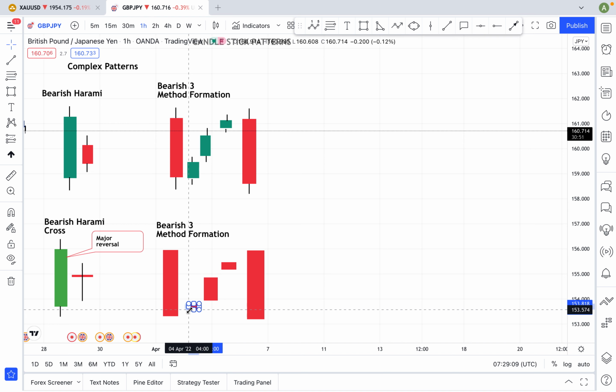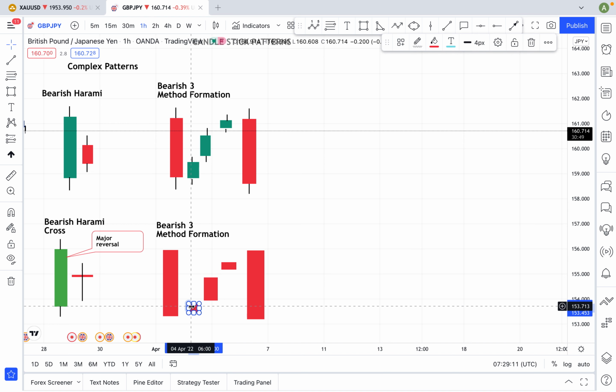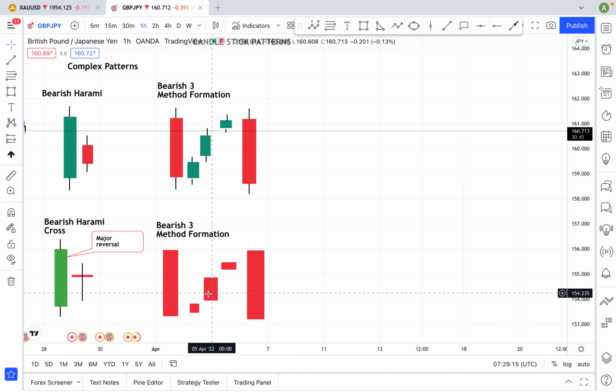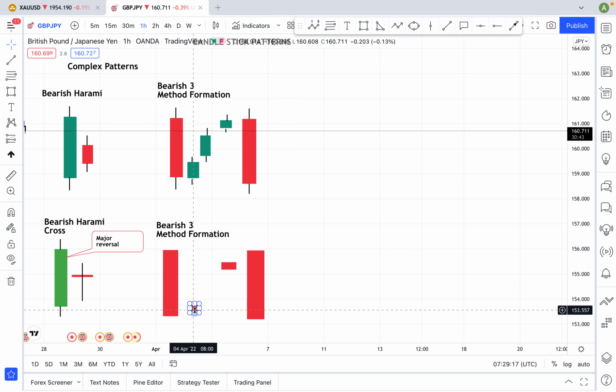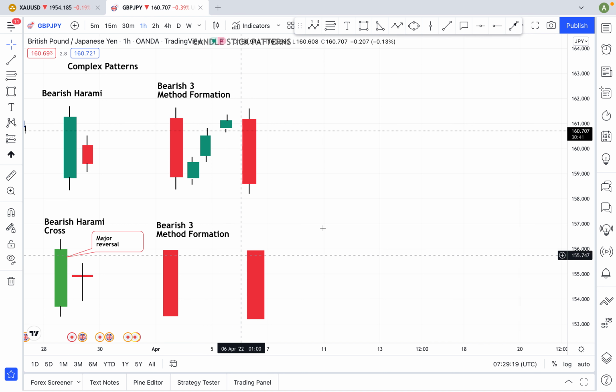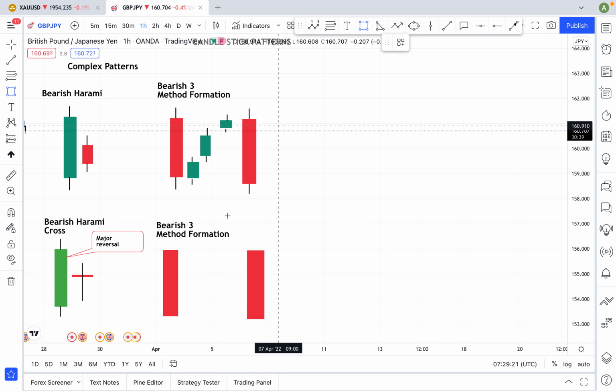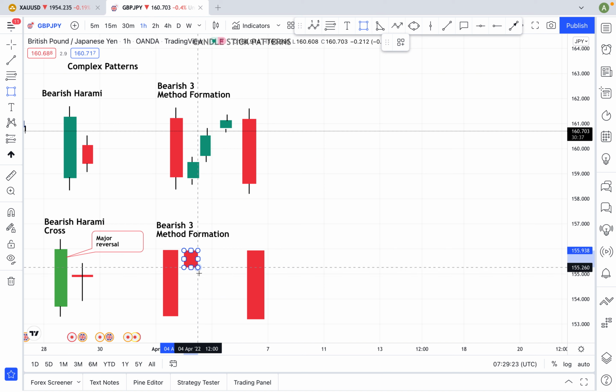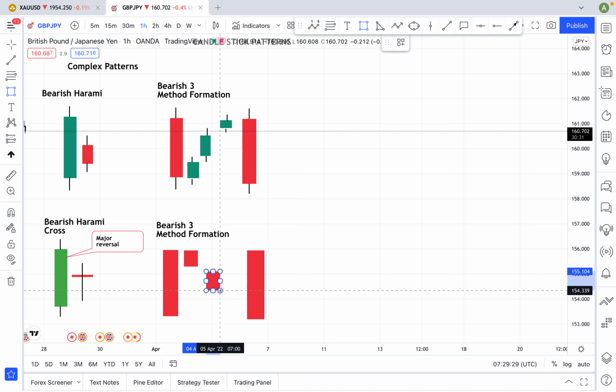Actually, I'm not sure I can move this. Oh, I can move this, and I have to draw again, guys, sorry, because I thought I could actually move it.